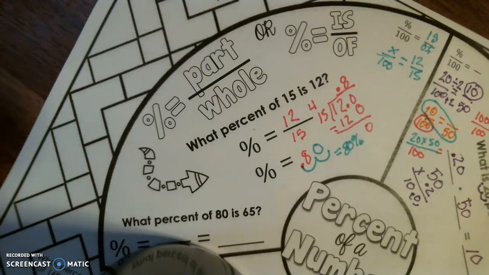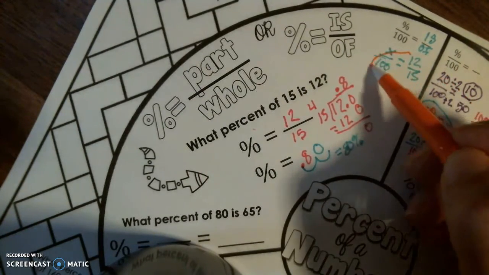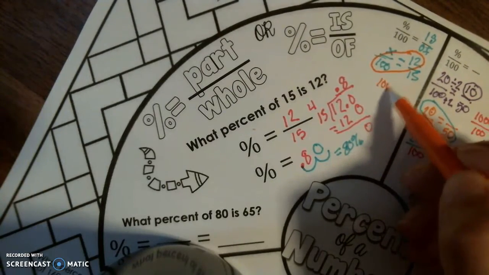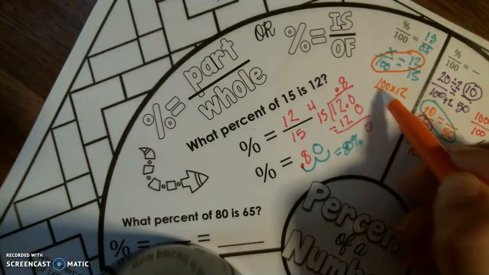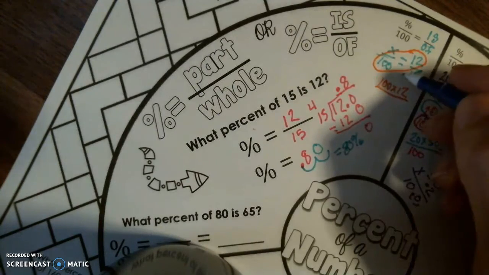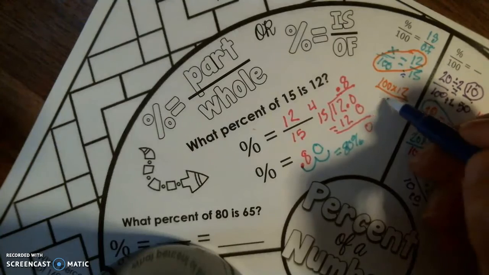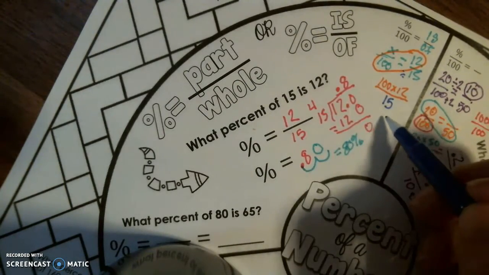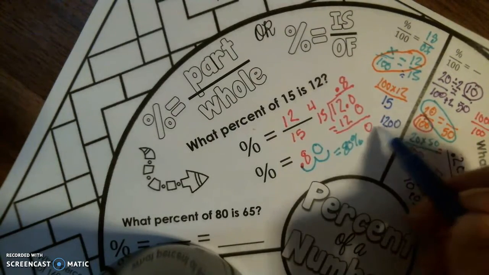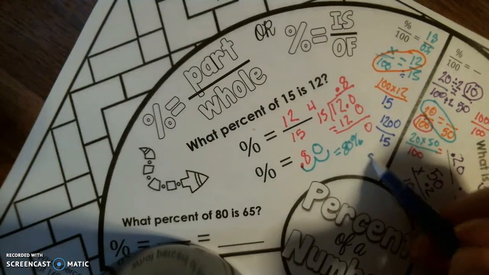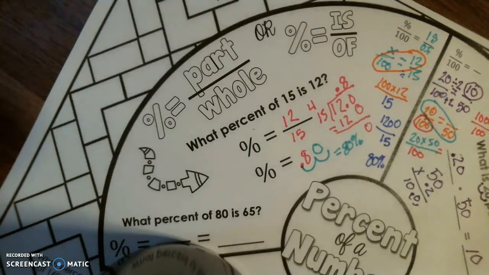We take our diagonals times each other. So we take 100 times 12, and then we divide by the third number, 15. So 1200 divided by 15, we get 80%.